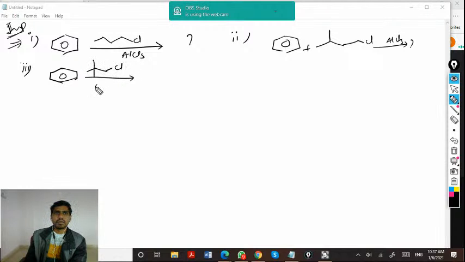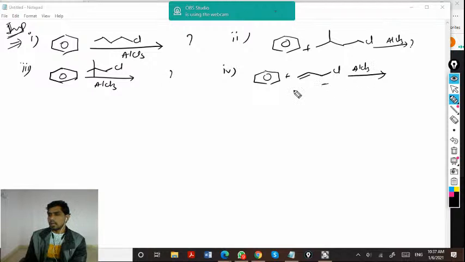So this is tertiary butyl chloride. This is allyl chloride. Try to write the names of the alkyl halides also. Next, cyclopentenyl bromide.